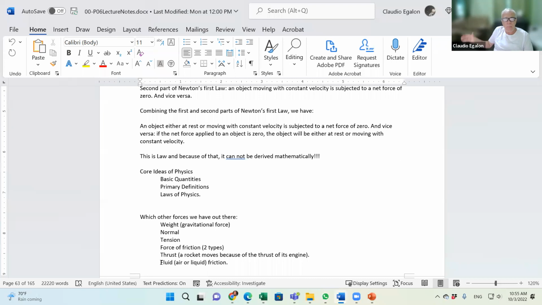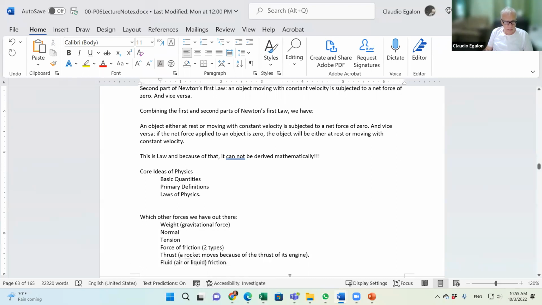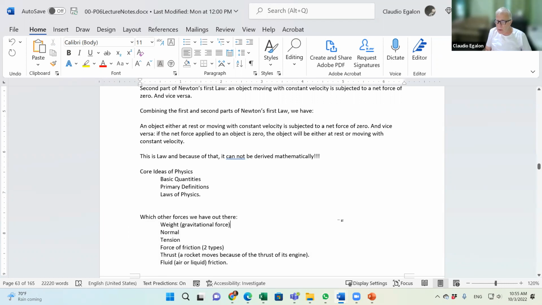That's another force as well, the force of air friction. And those are the forces. There will be more forces, but let's stop right here. Let's play with these forces with some problems and some examples.